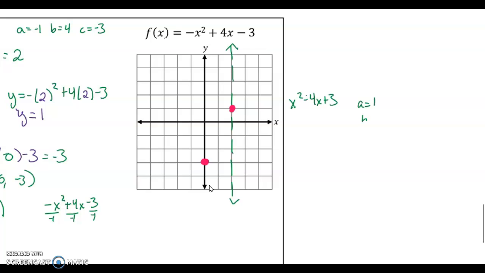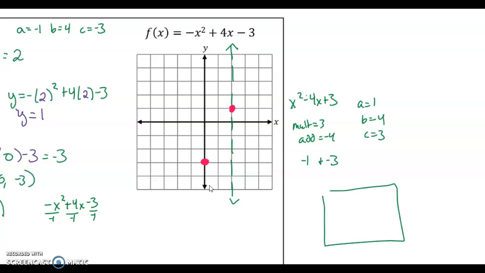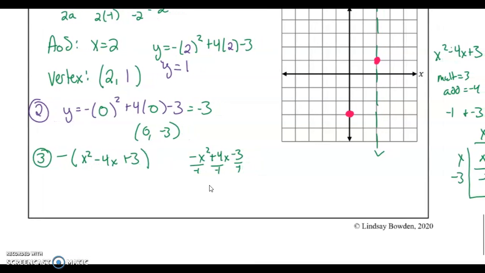So let's factor this. a is 1, b is negative 4, c is 3. So it's got to multiply to 3 and add to negative 4. So that's negative 1 and negative 3. All right, so if we factor x squared minus 4x plus 3, we have x minus 3 and x minus 1 as our factors.